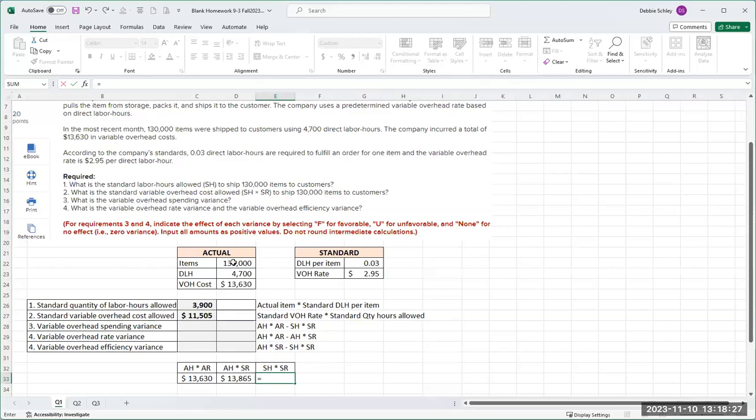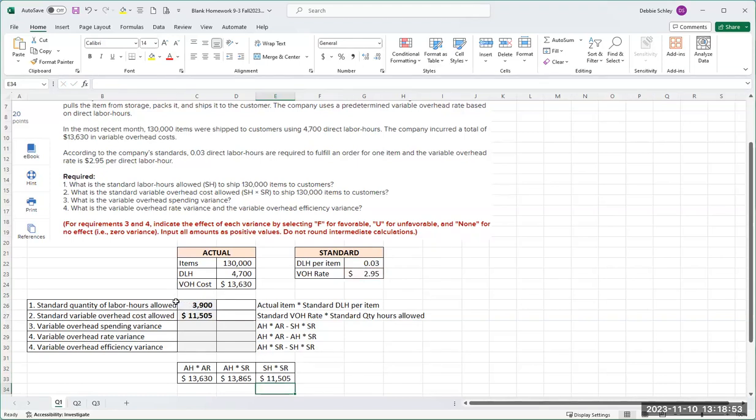It was the items times the direct labor hour per item is SH. So I'm just going to reference required one and then multiply that times the standard rate. Okay, so I have my three numbers.